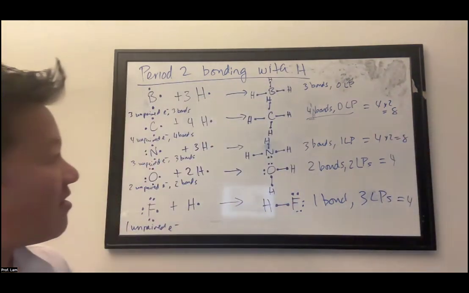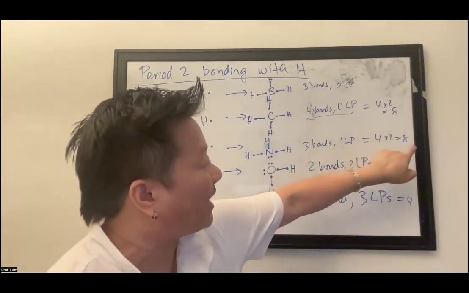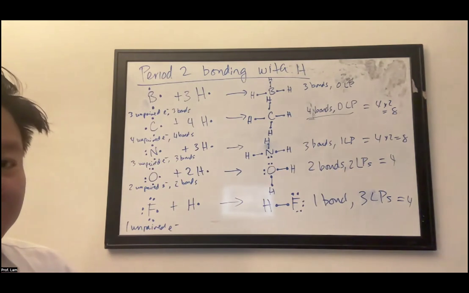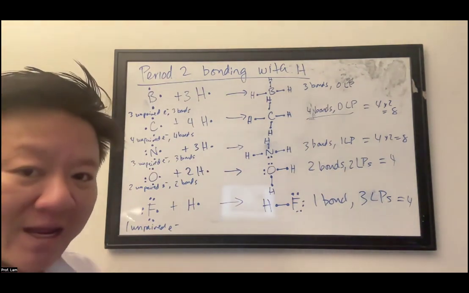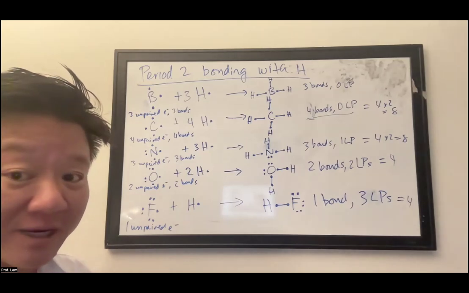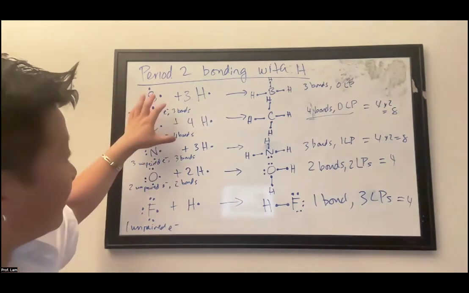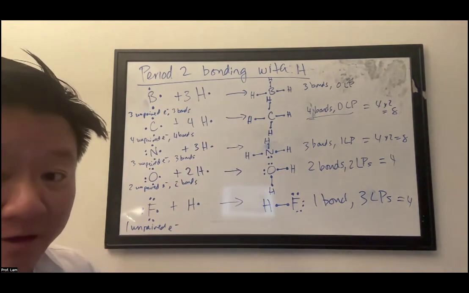Everybody wants to bond so that they will have 8. The central atom should have 8 valence electrons. And why 8, guys? Because it wants to be like the noble gas. And so the number of valence electrons for each element guides its bonding pattern, okay?